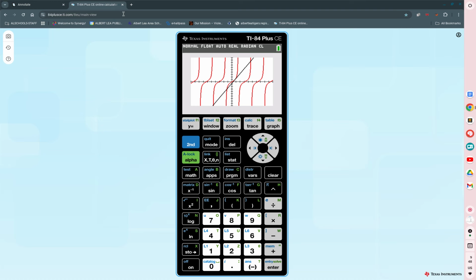X squared minus 6X plus 2. And then you're gonna do plus 3 because it's minus a negative 3. And then you're gonna do X. So that's negative 3, but then subtracting it.